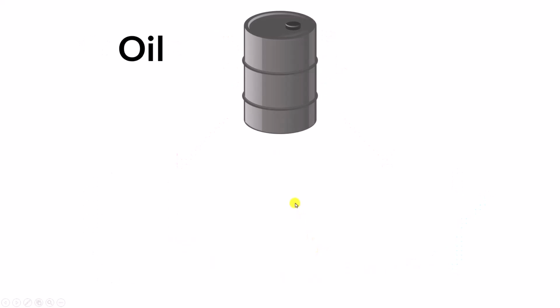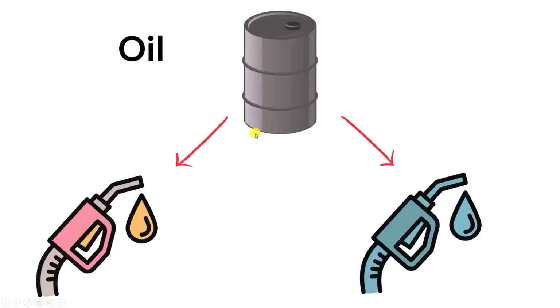One more example. We have oil, and from oil we get petrol or diesel. So, if the price of oil increases, then the price of petrol or diesel also increases.